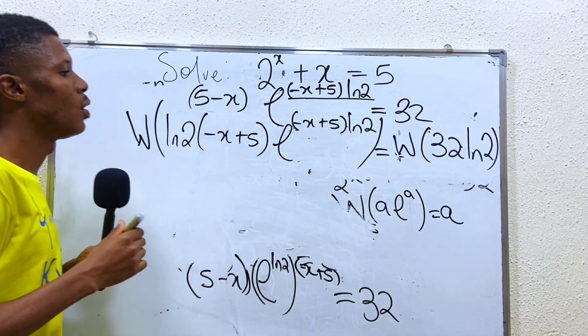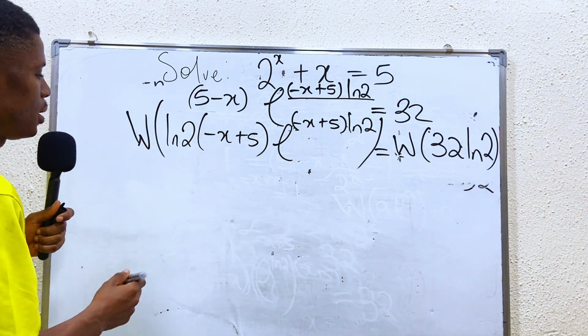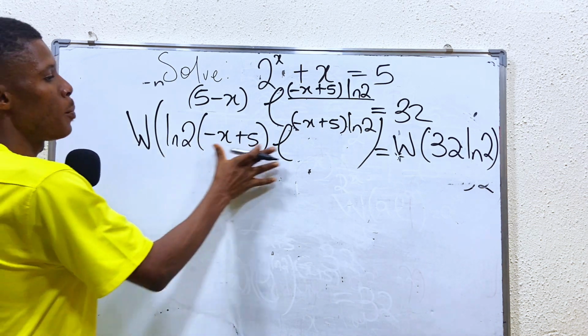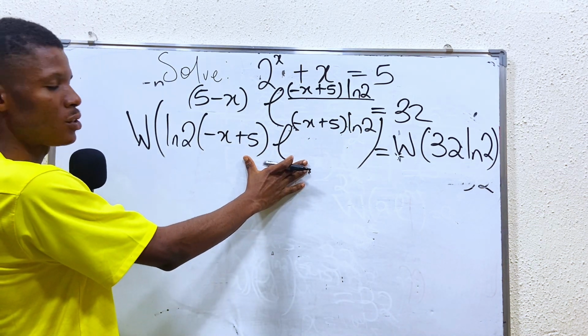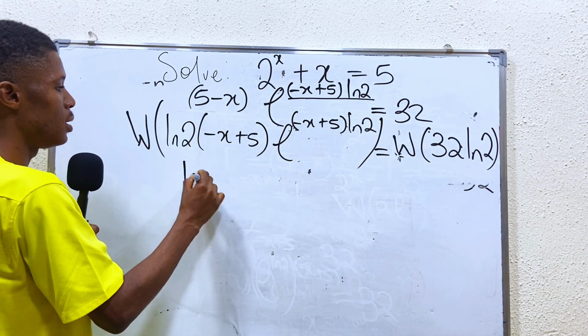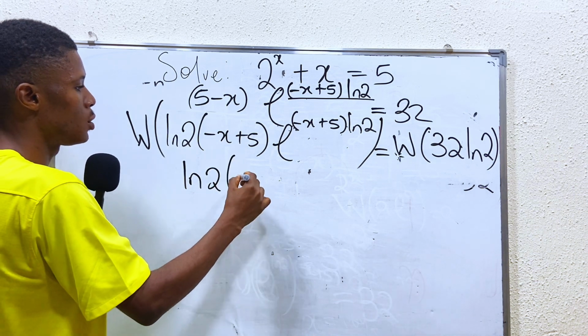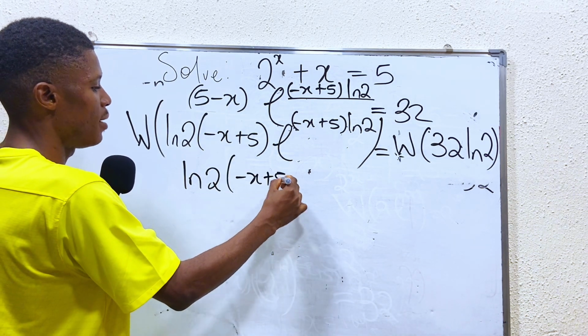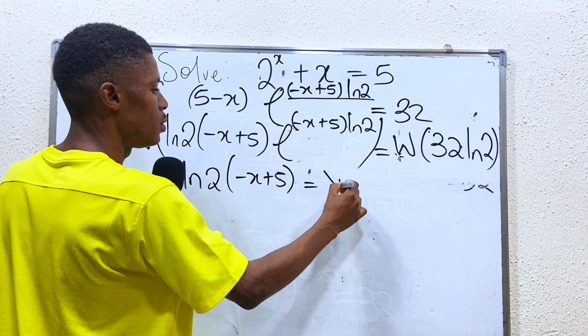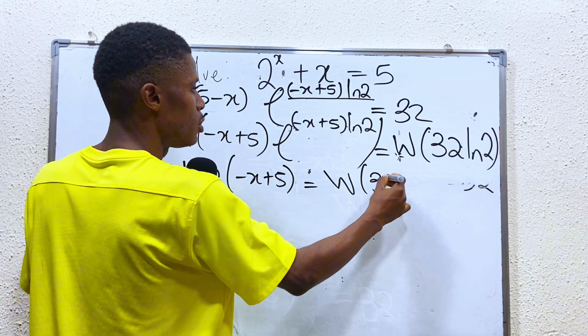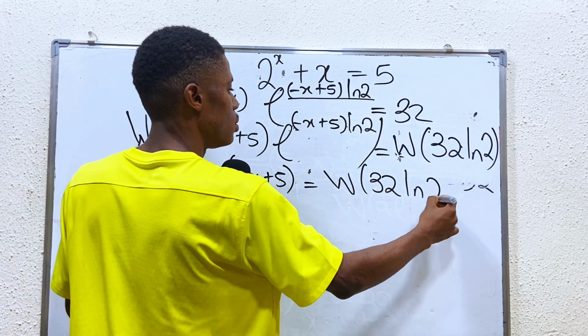So our answer will now be ln 2 into minus x plus 5 is equal to the W function of 32 ln 2.